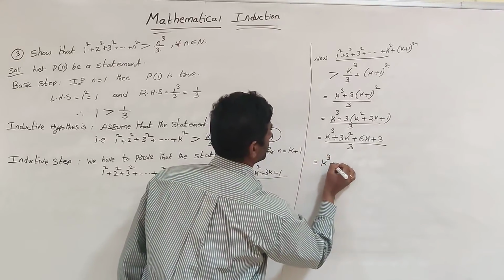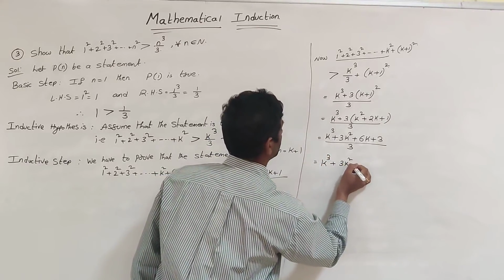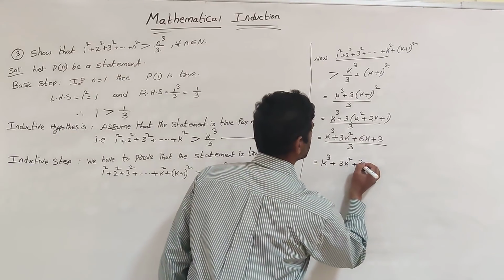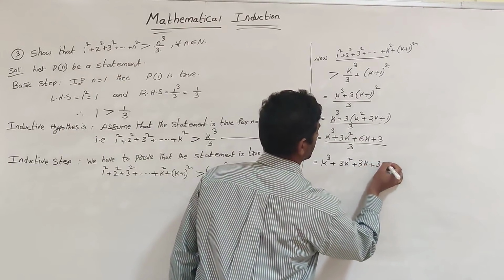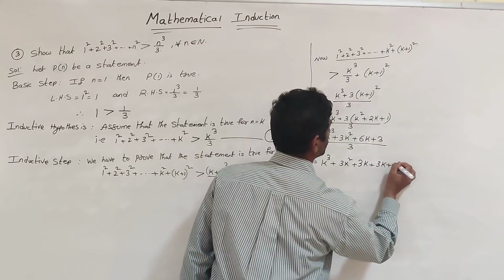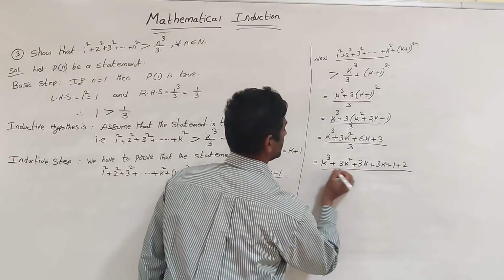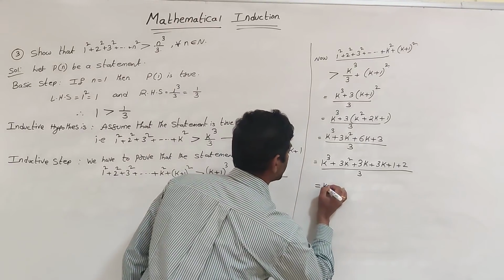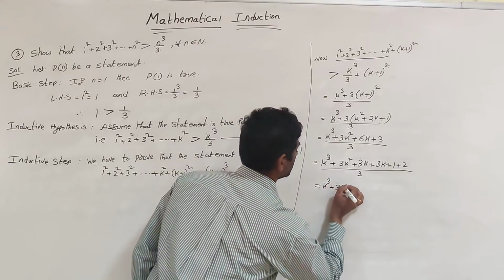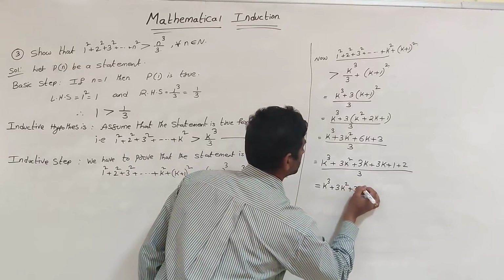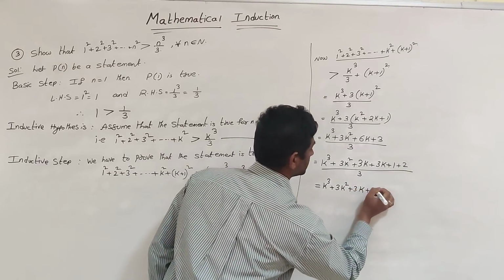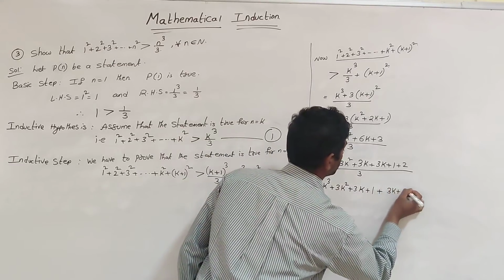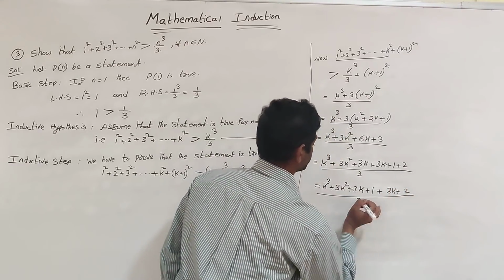K cube plus 3k square plus 6k plus 3 can be written with 6k as 3k plus 3k and 3 as 1 plus 2, by 3. So what we have is k cube plus 3k square plus 3k plus 1, and the leftover values are 3k plus 2, by 3.